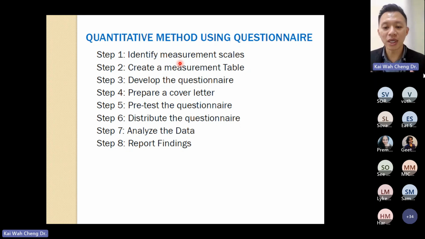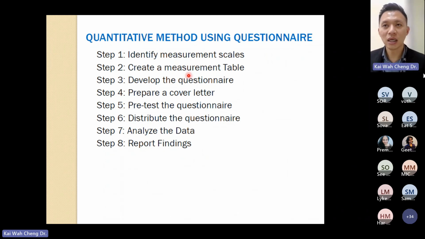Once you have identified the research hypothesis from your research framework, you will start collecting the relevant questions to test the variable. And of course, you need to find the suitable measurement scale to test that variable as well.